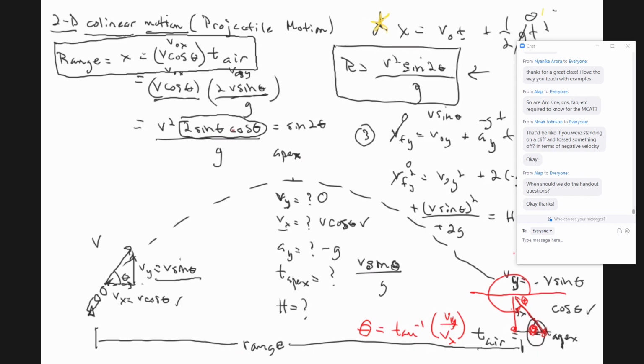And that's what this equation is right here, right? Horizontal velocity was v cosine of the angle. Time in the air was 2 times the time of the apex, and time of the apex was this. So that's why it's 2v sine theta over g. Did I lose you?